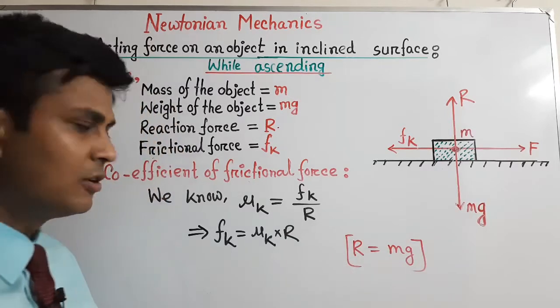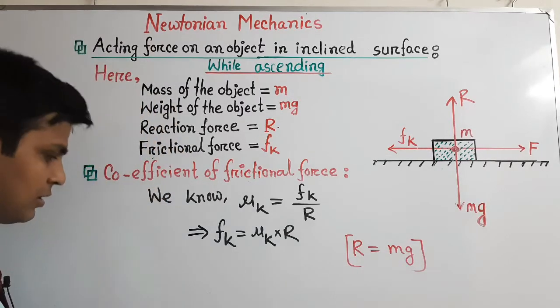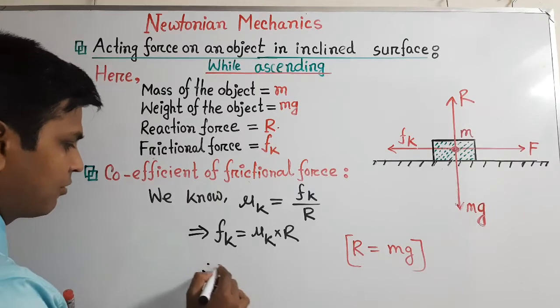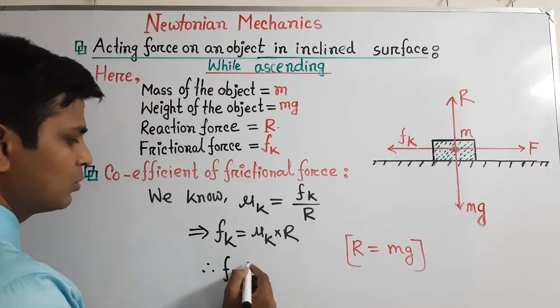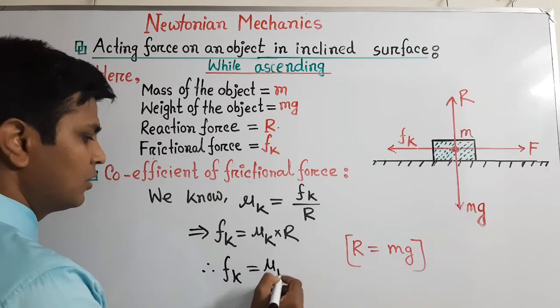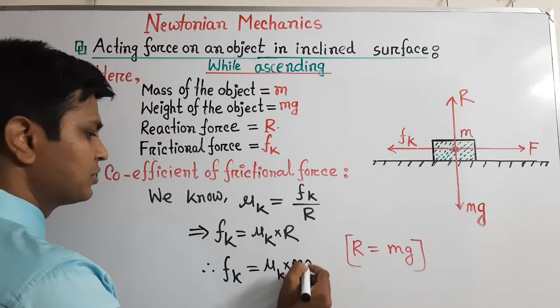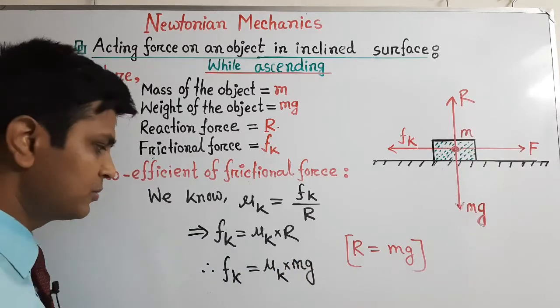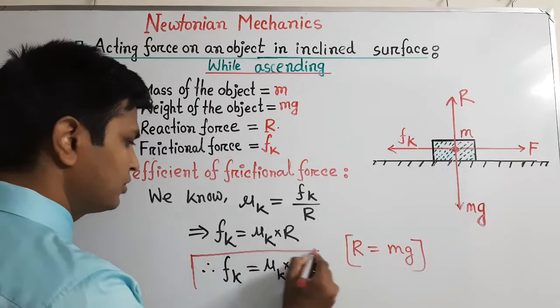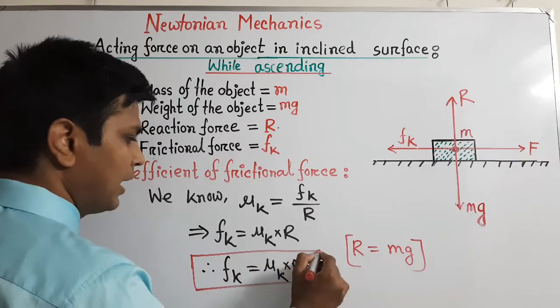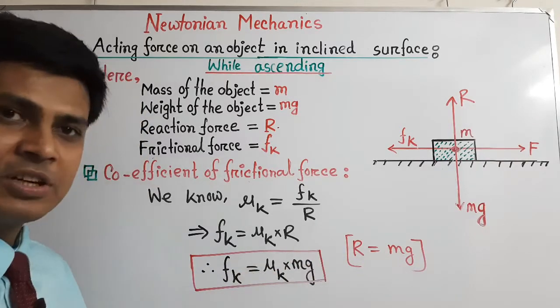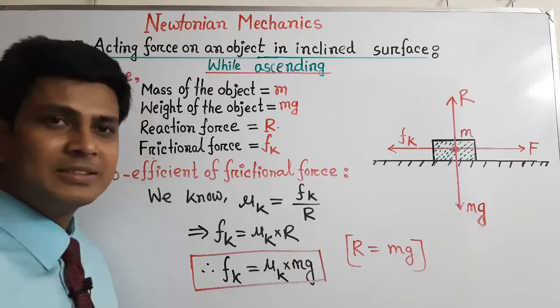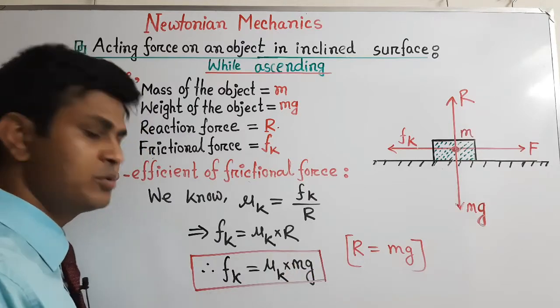Now if you put the value of R in this equation, then we get another formula for the frictional force, which is Fk equals nu k into mg. So this is the formula to calculate the frictional force when the frictional force is not given in the stem and the coefficient of frictional force and mass are given. At that time we can use this formula to calculate the frictional force.